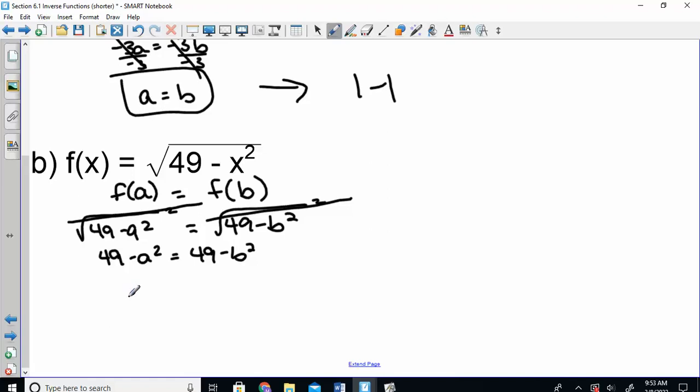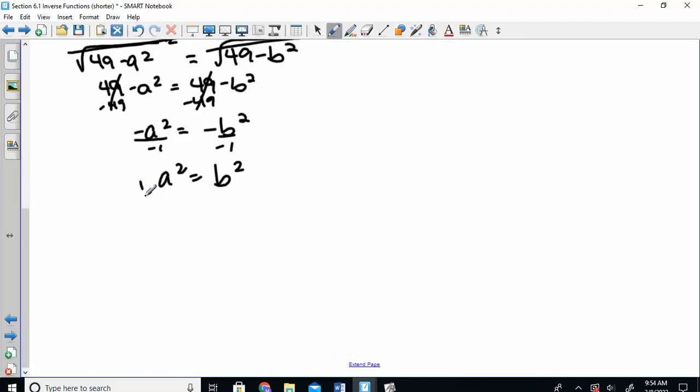And then what do we do? I would subtract my 49s first, but it doesn't overly matter. If I subtract my 49s, those cancel. So negative a squared equals negative b squared. Divided by negative 1. So a squared equals b squared. Then how do you get rid of a square? Square root. And when you add a square root, what else do you need? Plus or minus. So I get a equals plus or minus b.